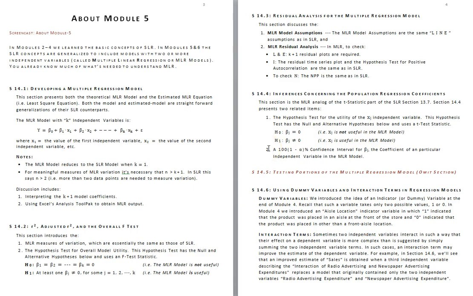The second result is for a 100 times 1 minus alpha percent confidence interval for beta j, a particular slope. This result is essentially the same as that for the slope of the simple linear regression equation. We're going to omit section 14.5, testing portions of the multiple regression model.